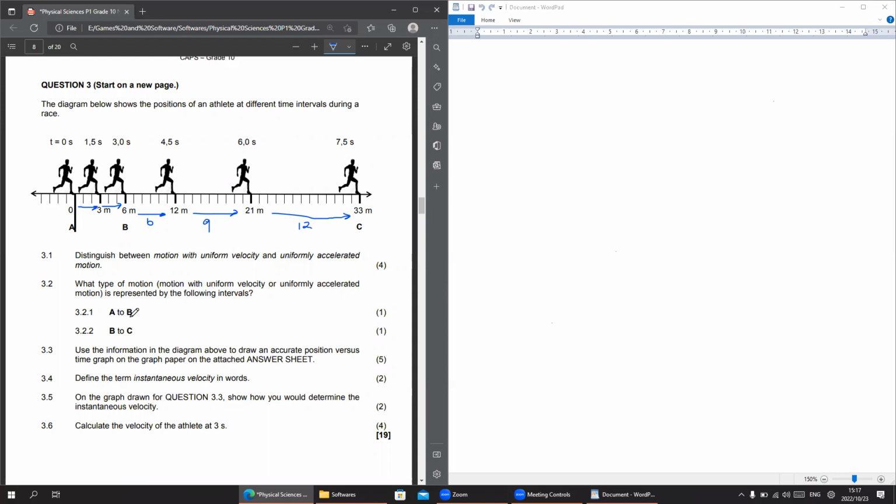So A to B, that's gonna be uniform velocity. That's A to B. And B to C, that's gonna be uniform acceleration.